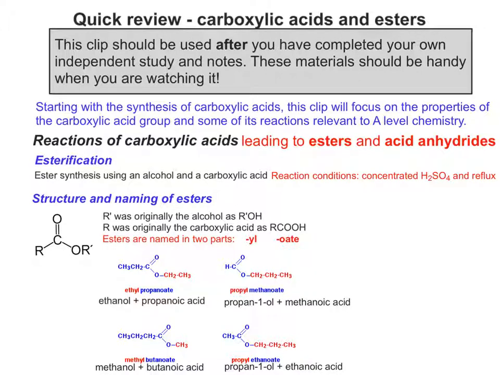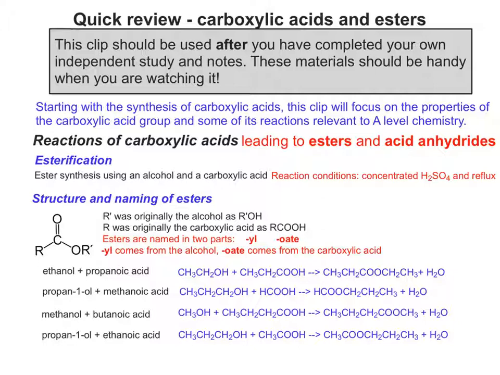So we've got the four combinations of alcohol and carboxylic acid. Now what we'll do is put the equations up so you can check those as well. So there are the equations for you, and just to remind you, the YL part of the name, as in methyl, comes from the alcohol, so methyl comes from methanol.